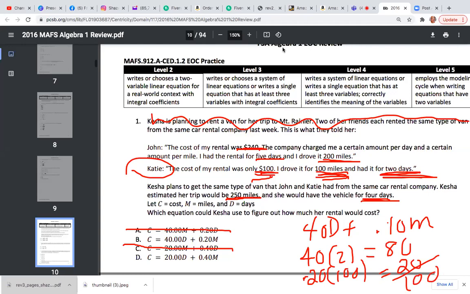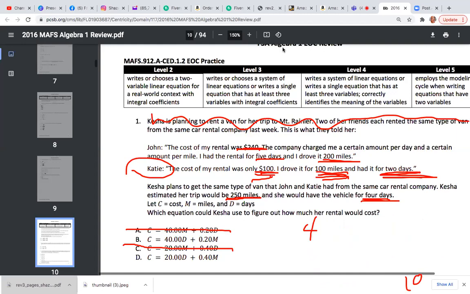So that worked. But just to make sure, let's check out letter D. Letter D is $20 per day, so 20 times 2 gives us 40. And then 40 cents per mile: if you multiply 40 cents by 100 miles, that's only $40.